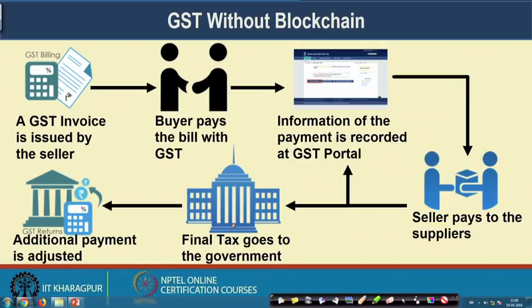to the government. Now, the task of the government is to make this huge calculation: which part of the GST needs to be refunded back to the intermediaries of this production chain, and which part would finally be collected and distributed among the central government and the state government. This entire adjustment is done by government employees who are connected with the tax department.